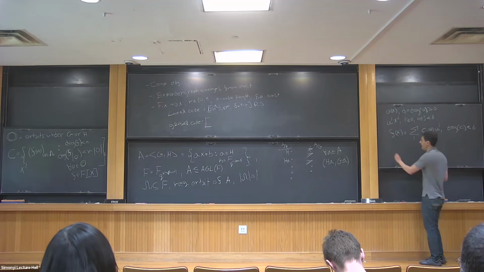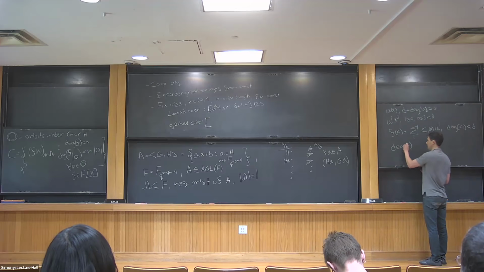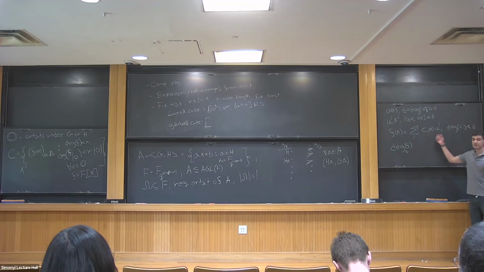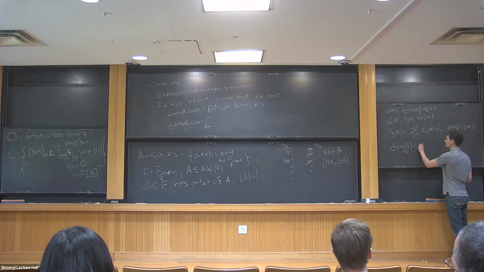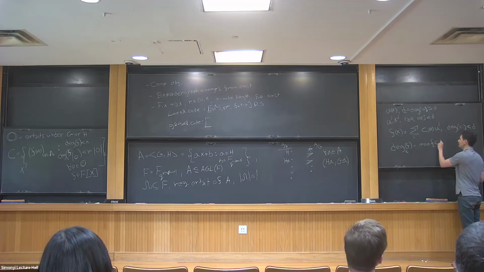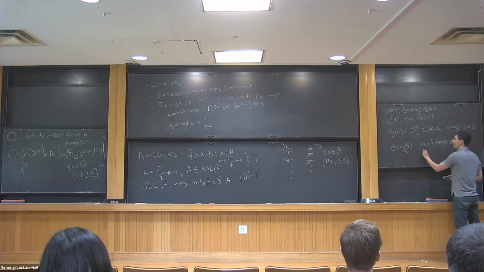Now we define the U-based degree of f. Once you write f in this expansion, the U-based degree of f is the maximum over i of the degree of C_i.